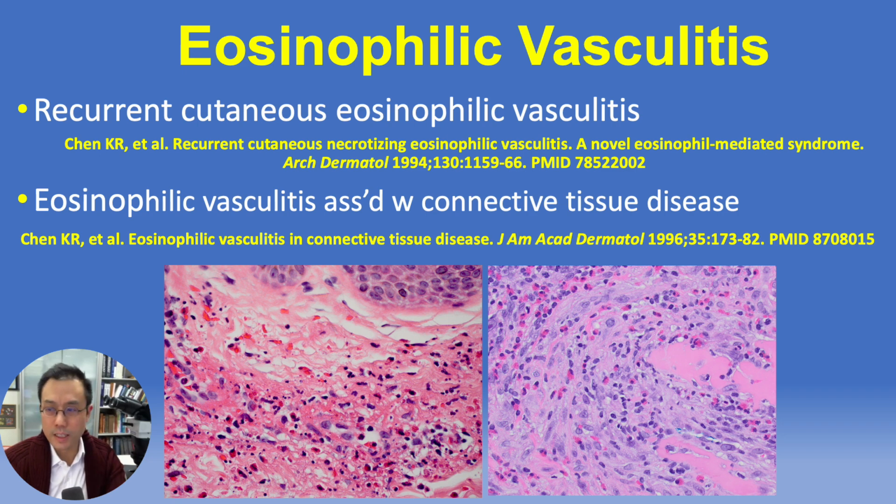Once you've excluded EGPA from your differential diagnosis and excluded a drug reaction, one can consider recurrent cutaneous eosinophilic vasculitis, which is usually limited to the skin and not associated with systemic disease, or you can consider eosinophilic vasculitis associated with a connective tissue disease such as lupus. And consistent with systemic vasculitis in general and the example of rheumatoid vasculitis that we discussed, this variant of vasculitis associated with connective tissue disease is often necrotizing.